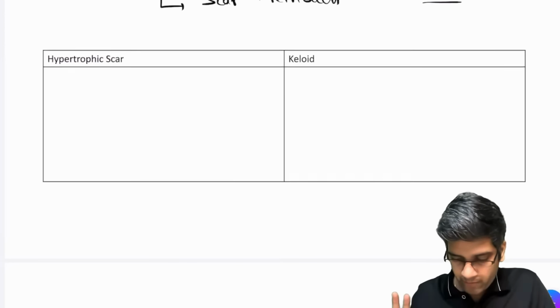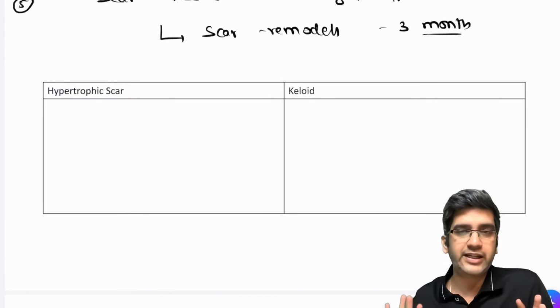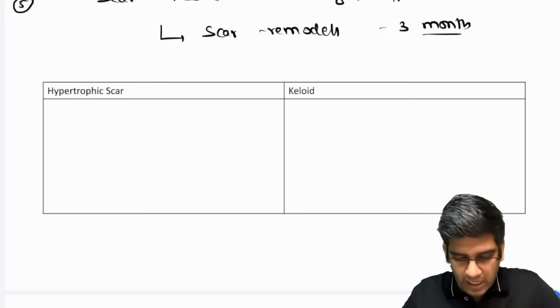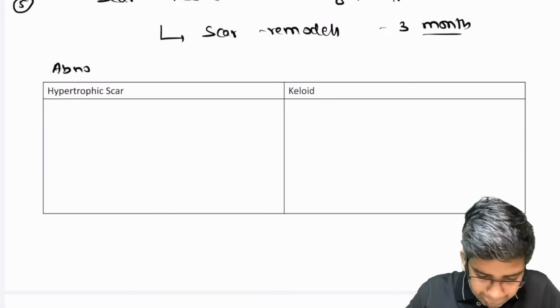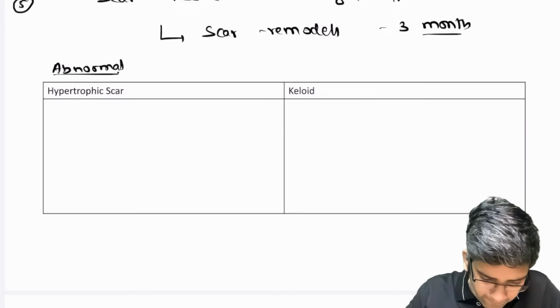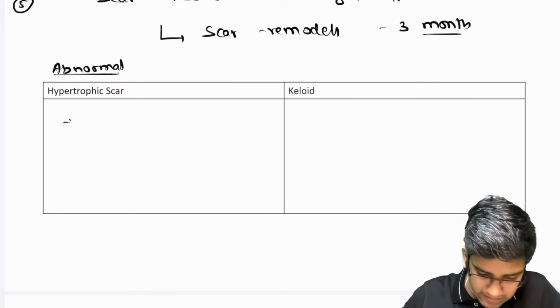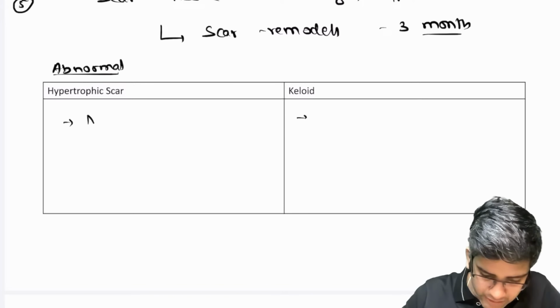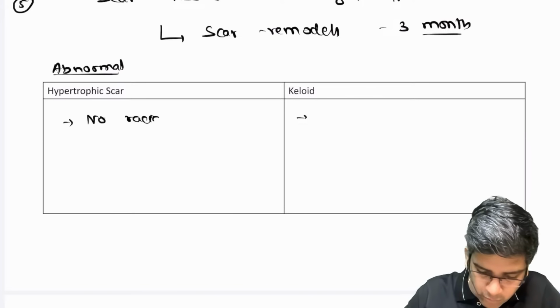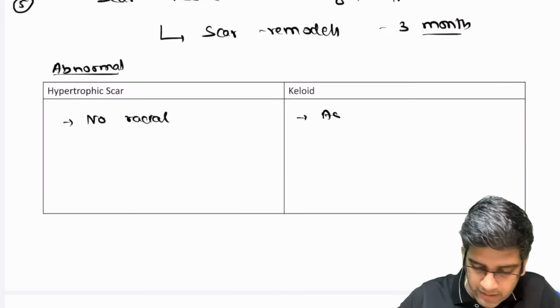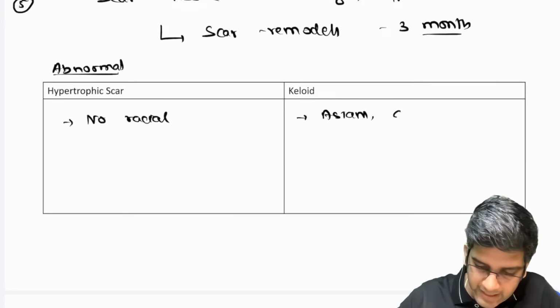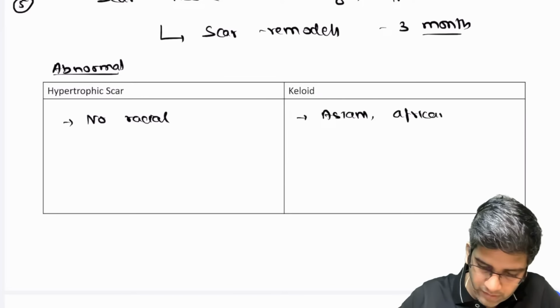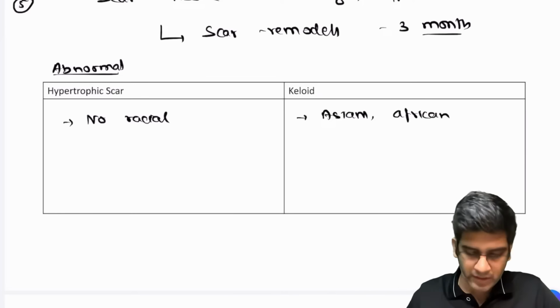And there are two abnormalities in wound healing, which are hypertrophic scar and keloid. Both are abnormal wound healing or abnormal scarring. Fine. Hypertrophic scar has no racial predisposition. Keloid is more common in Asians and Africans. It's more common in people in India, keloid, right?